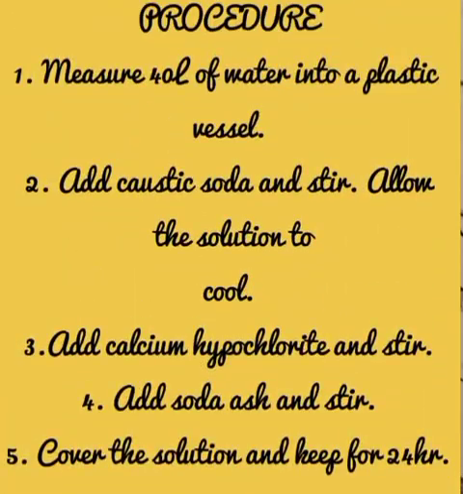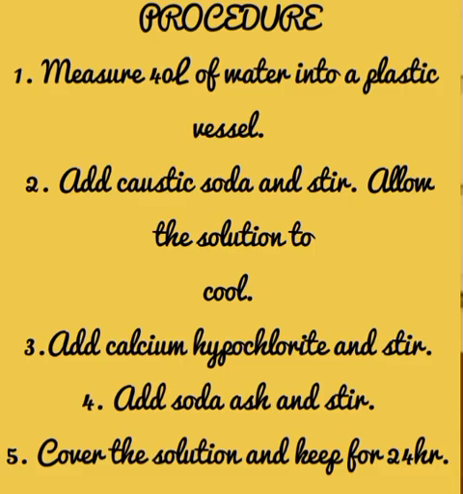Alright, now let's see the procedure. How are you going to make the bleach? The first thing to do is to measure 40 liters of clean water into a plastic vessel.